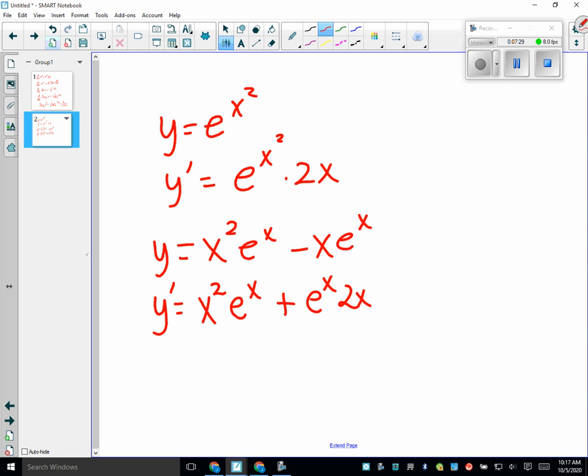Now let's do the product rule. The first times the derivative of the second, plus the second times the derivative of the first. So is my derivative x squared e to the x plus x e to the x?